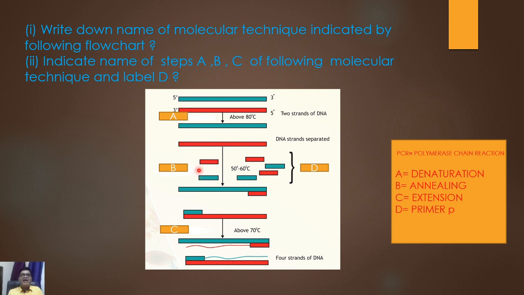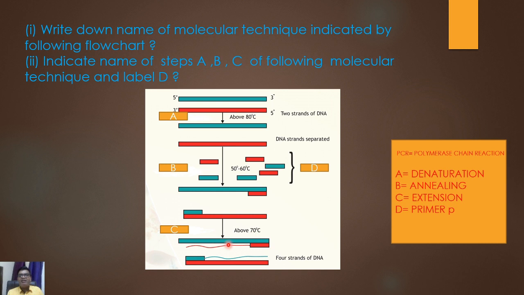Next is annealing, meaning there is binding of primers. So try to know, because they will ask what the steps are, and they will draw this type of diagram, and you have to write down the steps. That is annealing, and that is polymerization or extension. It must be 70 to 72 degrees Celsius. Generally it is written here as 72 degrees Celsius, so it is generally fixed.